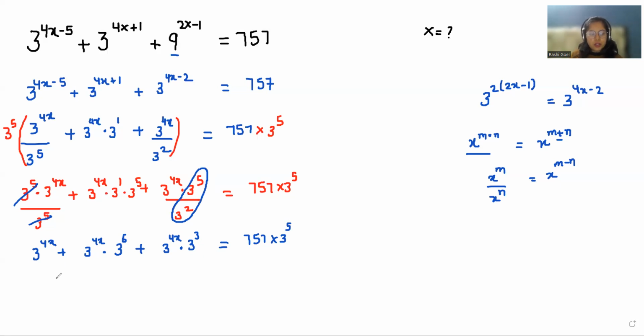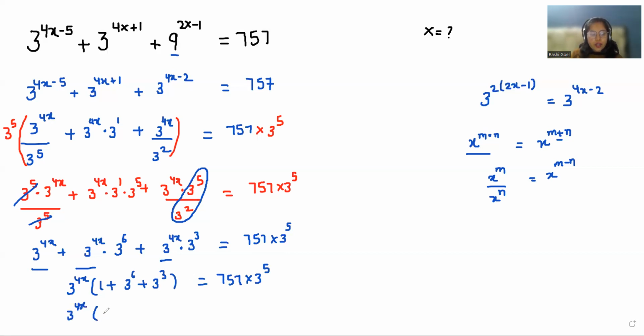Now I can take 3 power 4x common from left hand side. So it becomes 3 power 4x, 1 plus 3 power 6 plus 3 power 3 is equals to 757 times 3 power 5.